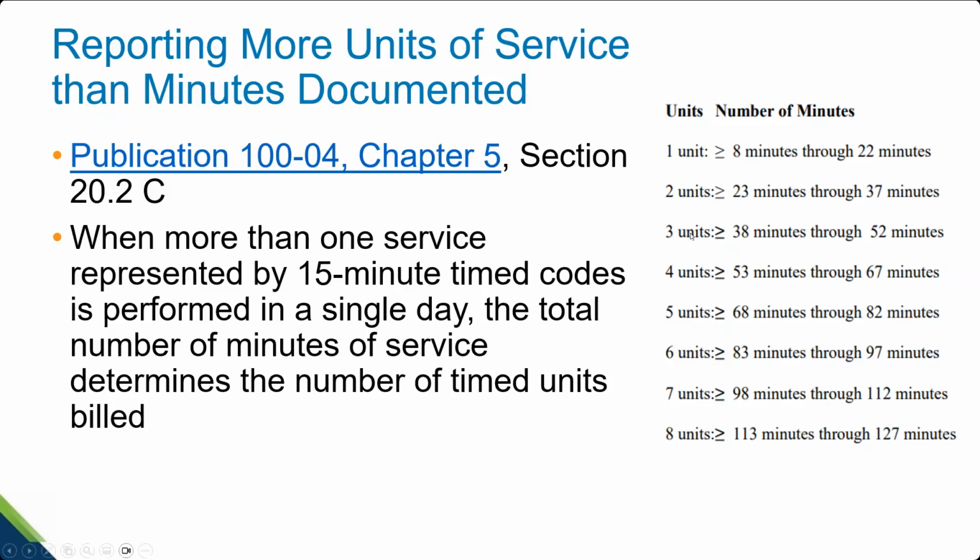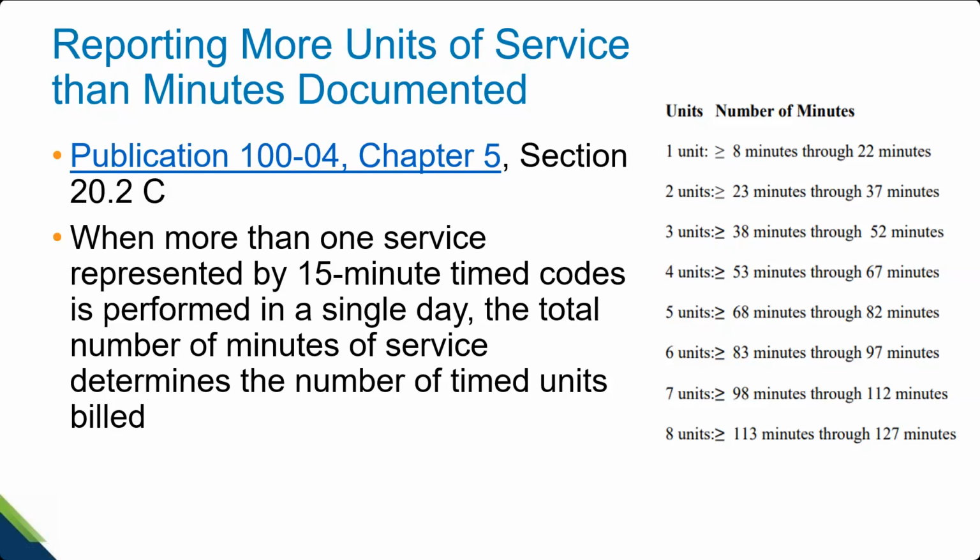So we fall into this category here. Using this chart, that falls into the 3-unit range. Appropriate billing for this 47 minutes is using 3 units. Each of the codes that is performed for more than 15 minutes shall be billed for 1 unit.